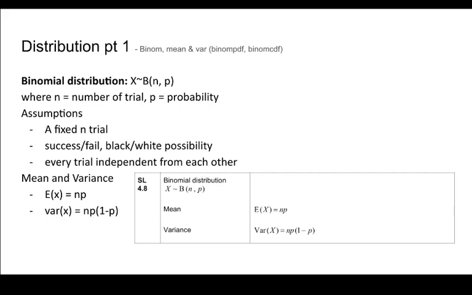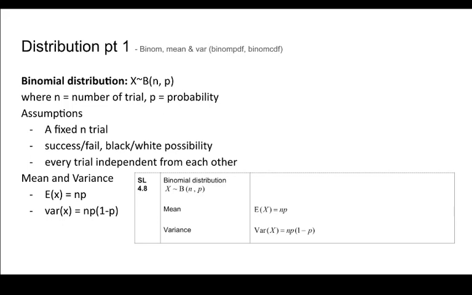And then the next assumption is that there are always 2 possibilities, only 2. It's like a success or fail thing, or black or white kind of thing. There's no in between. And then the next is that every trial is independent from one another. So each time you do the trial, the probability is going to be the same.